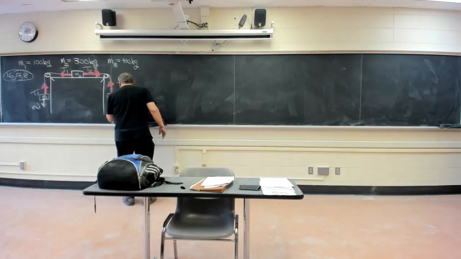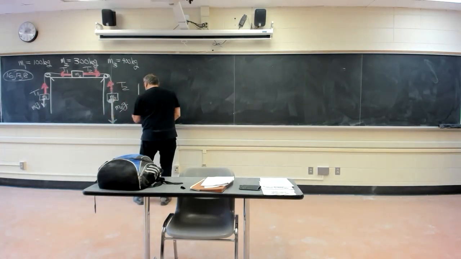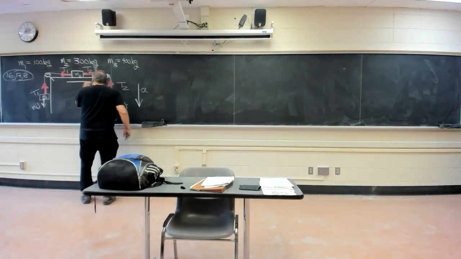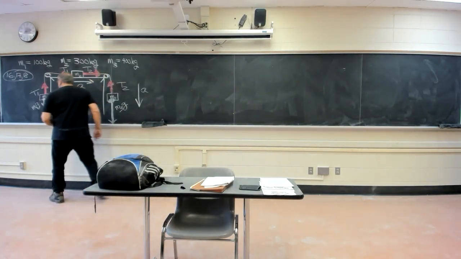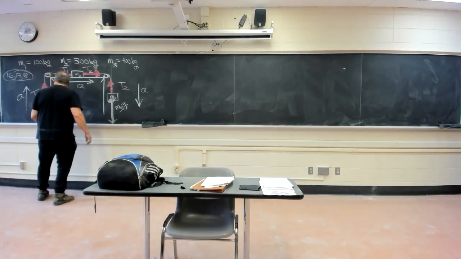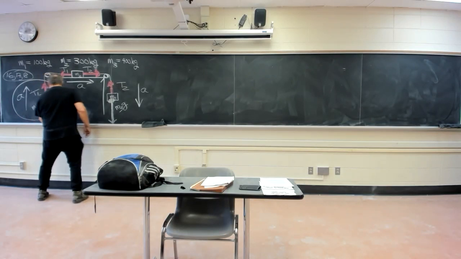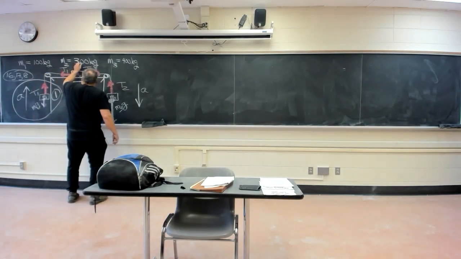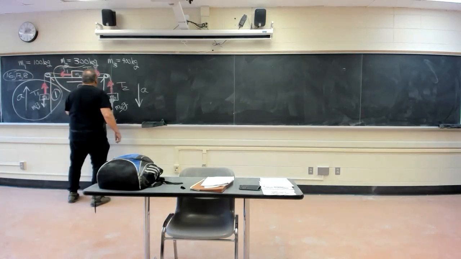This has the most mass. It has the most weight. The acceleration is going to go downward. It's going to be acceleration A, the same acceleration A here, and the same acceleration A, but going upwards here. So you want to be aware of that. This is scenario 1, or circumstance 1, or location 1, no matter what you want to call it.